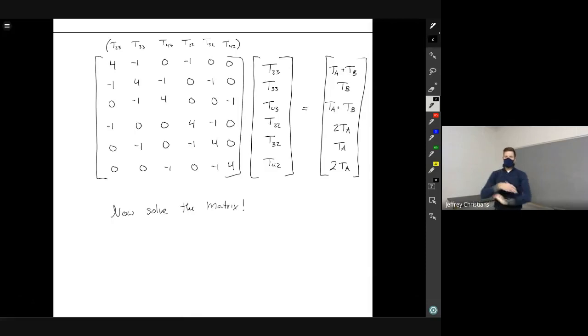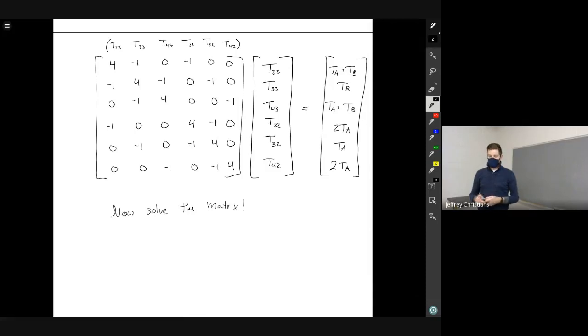We are not going to focus at all in this class on solving these matrices. Maybe that gives you a little bit of joy inside. Hopefully it does. There is a part in your book where they go into how you actually solve these computationally, what the analytical methods are.